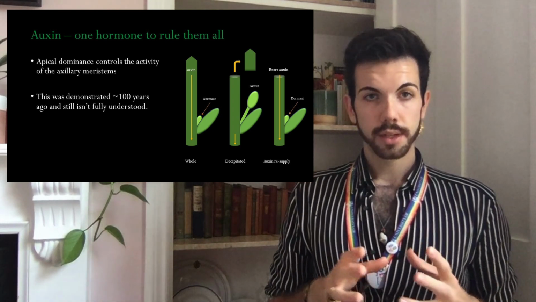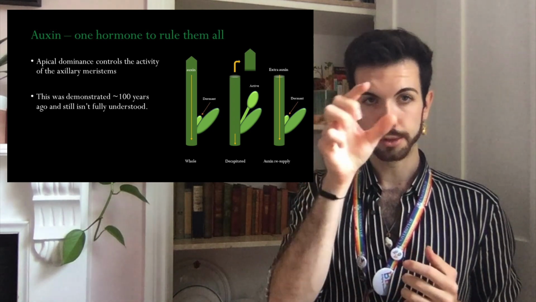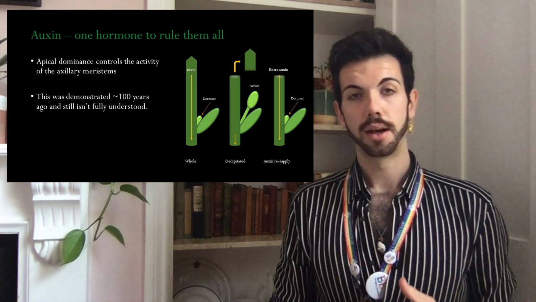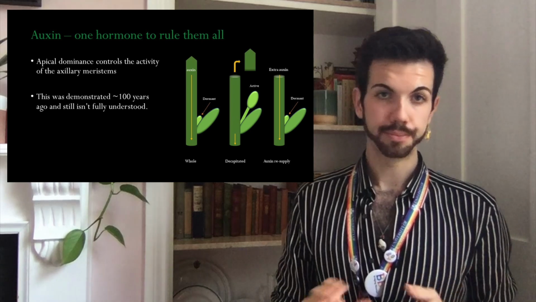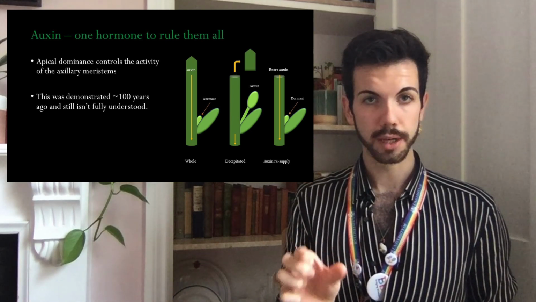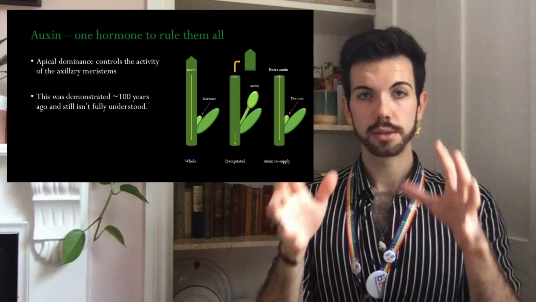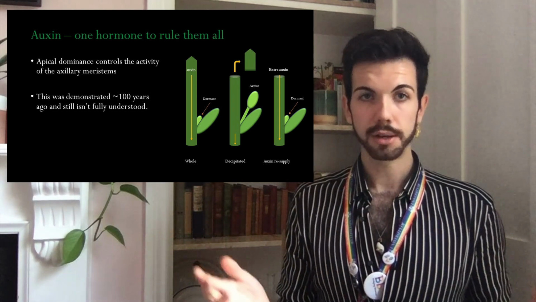And he noticed that if you then took this apical section and popped it onto an agar block, essentially jelly, and left it for a day or two, and then took that block by itself and placed it onto a decapitated stump, it was able to suppress the outgrowth of those axillary meristems.